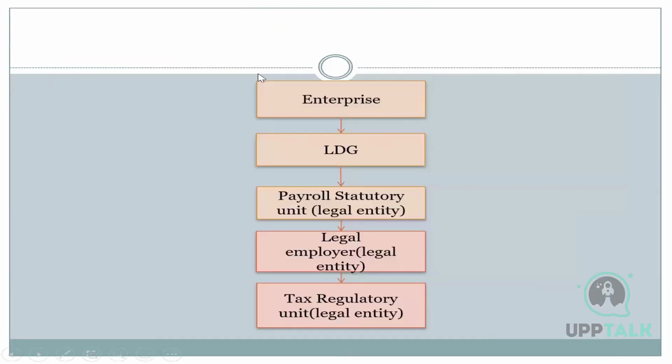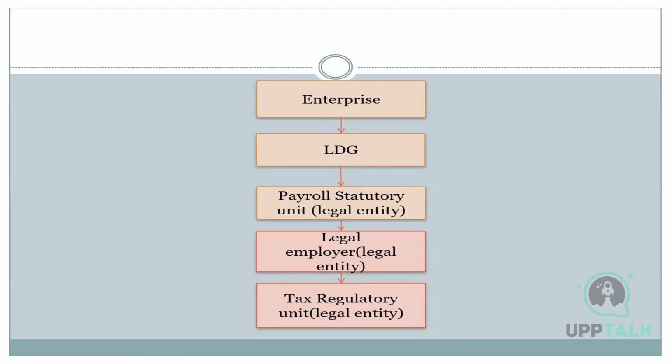Then we have the enterprise, LDG. Enterprise, the highest level of structure. LDG is the legislative data group. What does legislative data group mean? It is the country specific legislative data group. That means every country has a legislative data group.